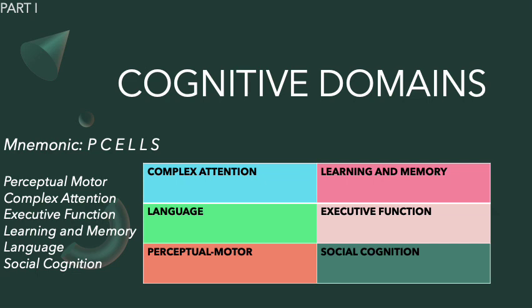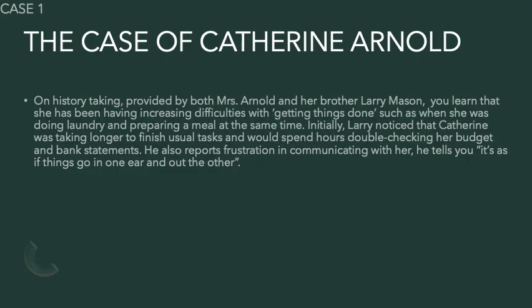Next, we will work through a series of 6 cases to familiarize ourselves with the individual elements of each one of these cognitive domains. After each case, we'll talk about the differences patients with major and mild neurocognitive disorder might present with in terms of deficits in that particular domain. Now back to Catherine Arnold.